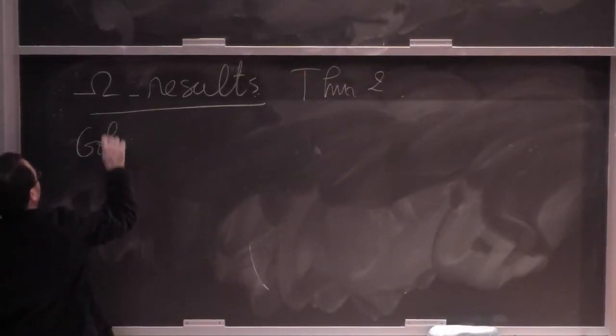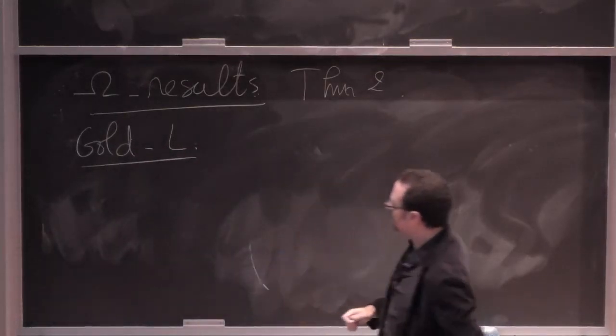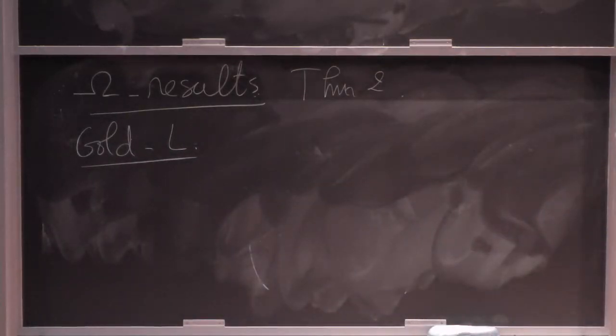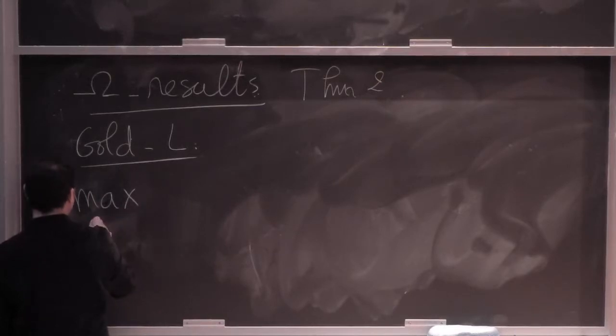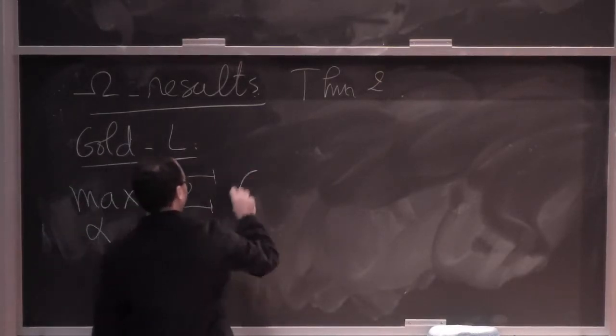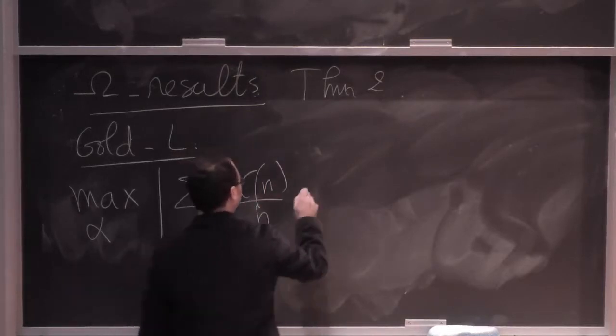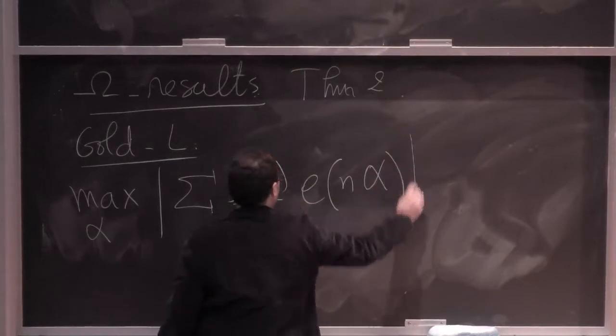So in Goldmacher and myself, to prove that the character sums can get large, what we do is we exploit this feature that we had: the maximum over all alphas of this one here, roughly. So we can maximize over all alphas.